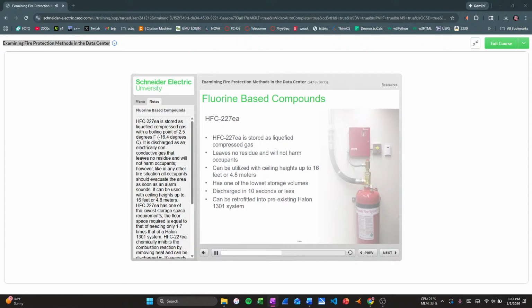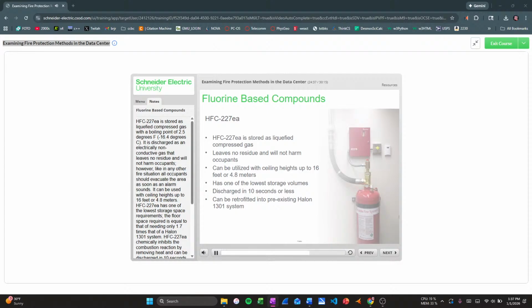The floor space required is equal to that of needing only 1.7 times that of a Halon 1301 system. HFC 227EA chemically inhibits the combustion reaction by removing heat and can be discharged in 10 seconds or less.